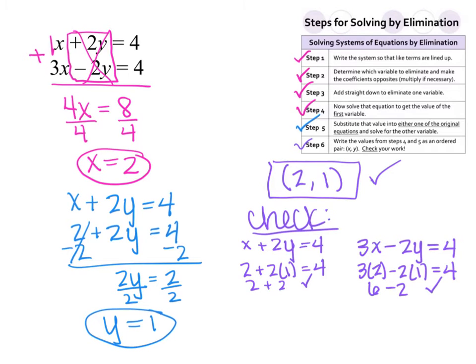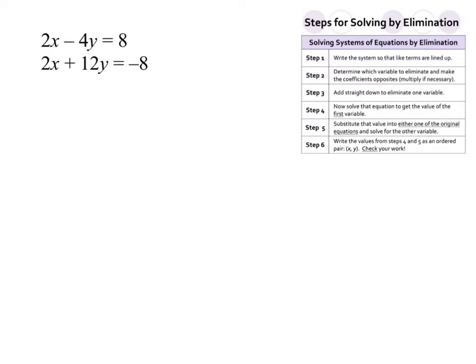Sometimes, right, we need to multiply first to make opposites. So let's look at an example of that. First, make sure my like terms are lined up. They are. Second, determine which variable to eliminate and make the coefficients opposites by multiplying if necessary.